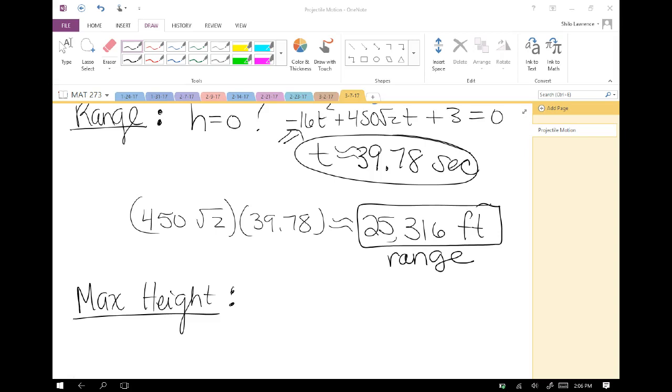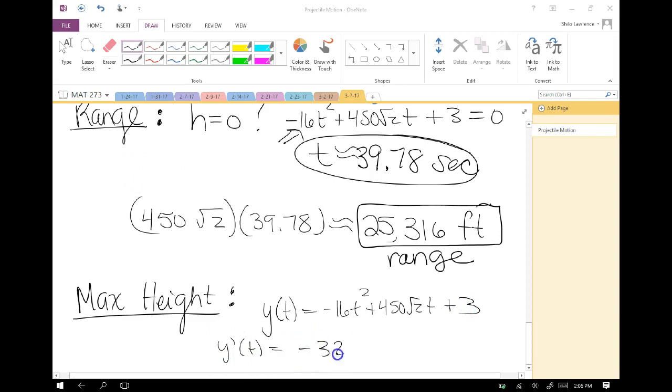So if our y equation, y of t, is negative 16t squared plus 450 radical 2 t plus 3, then y prime is negative 32t plus 450 radical 2.